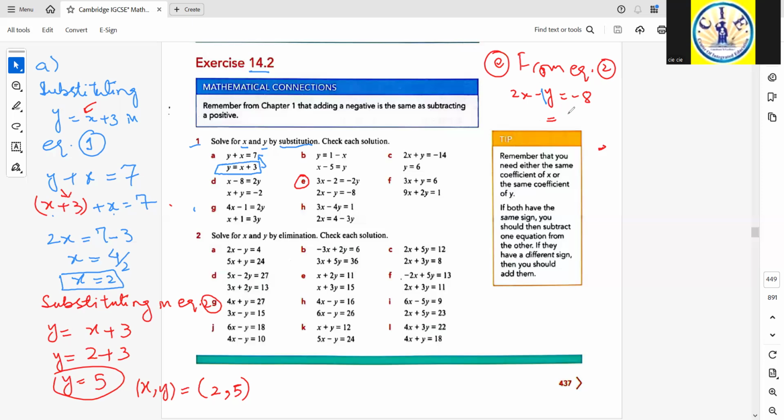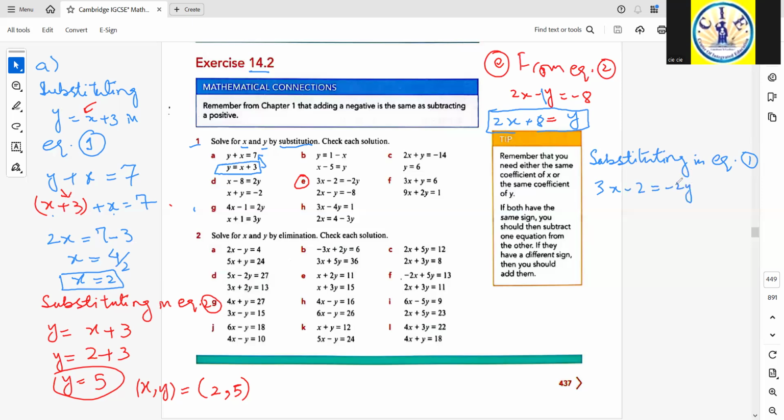So let me shift this y to the other side. So this will give me y is equal to 2x plus 8. This is the value of the variable y from the second equation. Now I substitute it in equation number 1. And that will give me 3 times x minus 2 is equal to -2y.